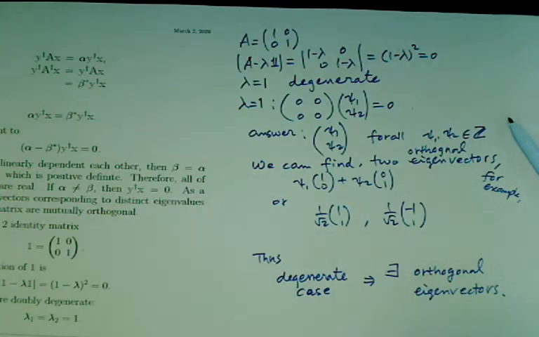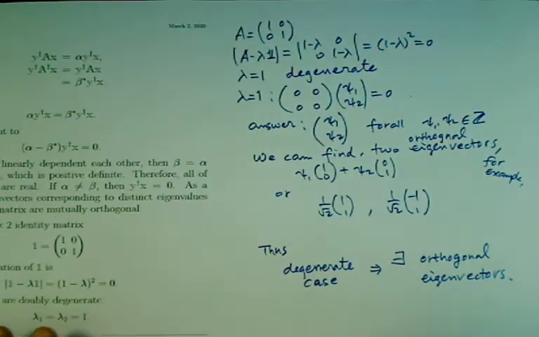Even though the eigenvalues are identical to each other, for example, for the n by n identity matrix, we have nth order multiplicity, so n-fold degeneracy. Even in that case, we can always find the orthogonal eigenvectors.